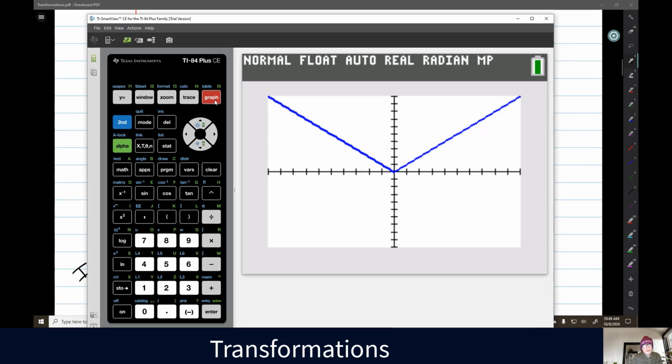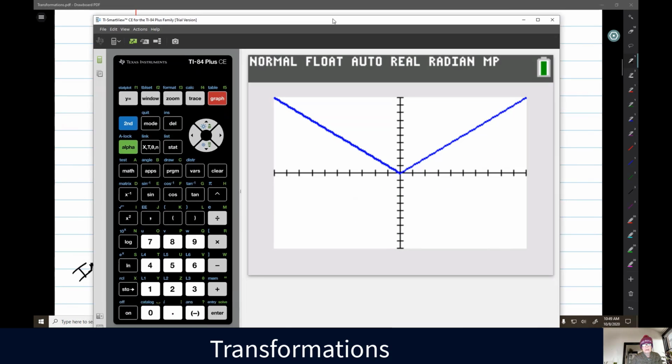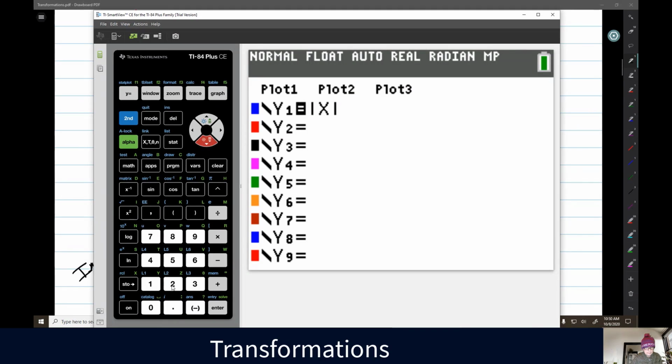We're going to stretch it by a factor of 5, which means the x coordinates stay untouched, but the y coordinates get multiplied by a 5.